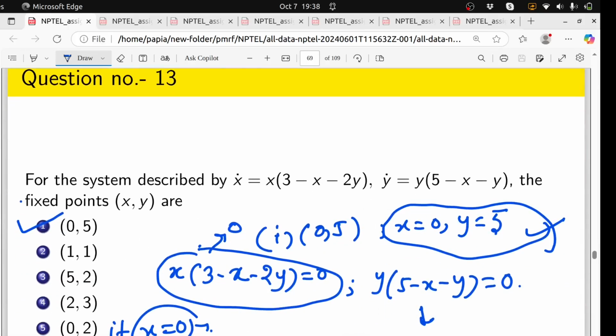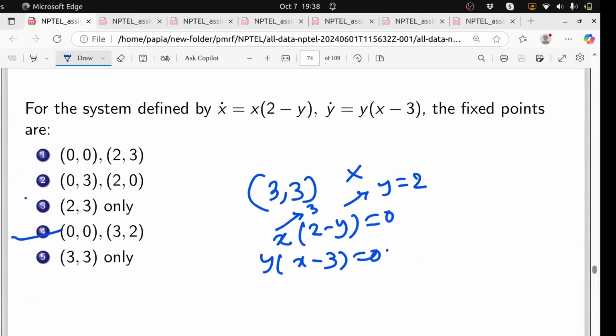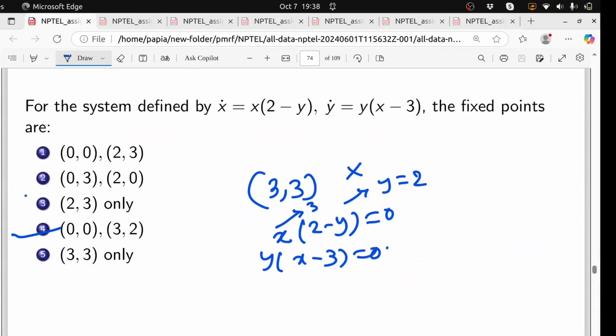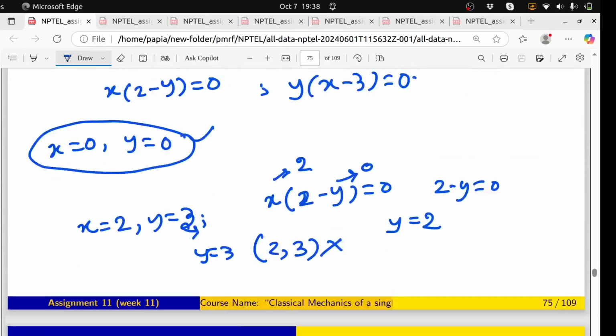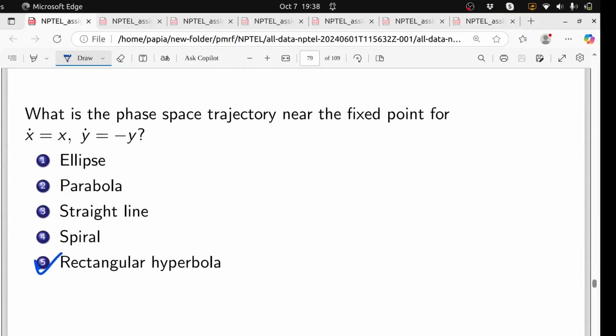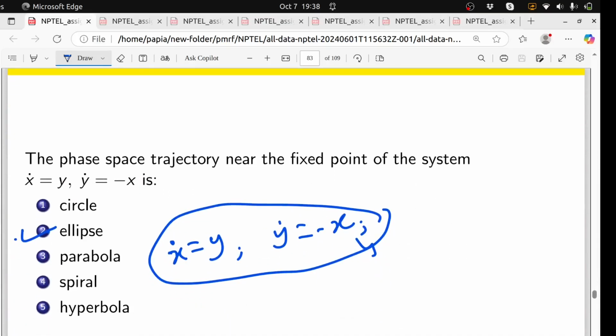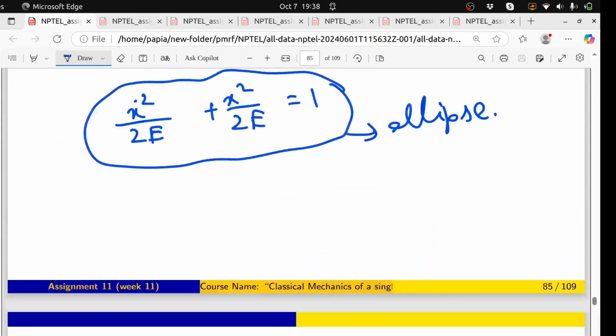This has the answer 05. This is 0032. I have checked each and every option in detail so that there should not be any confusion. This is a rectangular hyperbola. This is an ellipse.